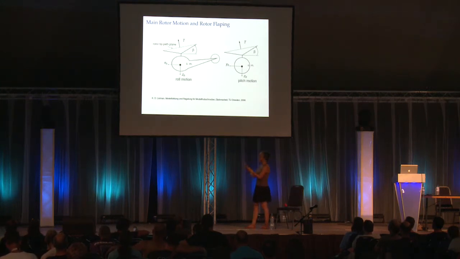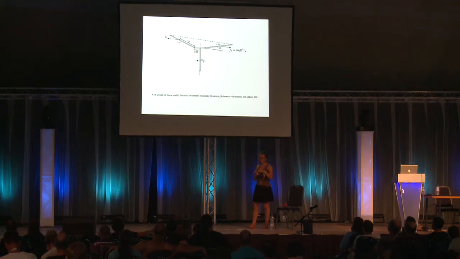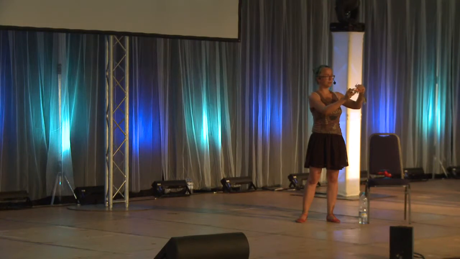So first of all, you have the roll and pitch motion enabled by this swash plate. And second of all, which is not possible with propellers because they are just fixed and pushed backwards, those rotor blades start to flap when the helicopter is moving.